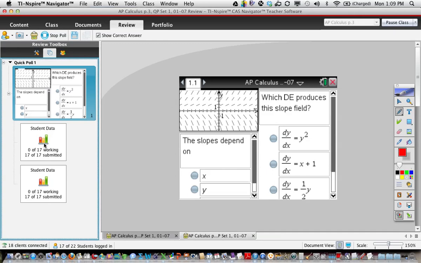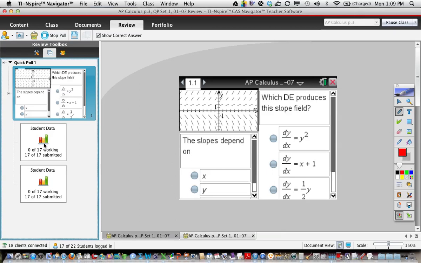So if you were to graph that, at 1, 1 you'd have a slope of 3. At 1, 2, you'd have a slope of 3. At 1, 3, you'd have a slope of 3. The slopes there depend on what x is. If x is 1, the slope will be the same the whole time. But if I change to a new x, I get a new slope.